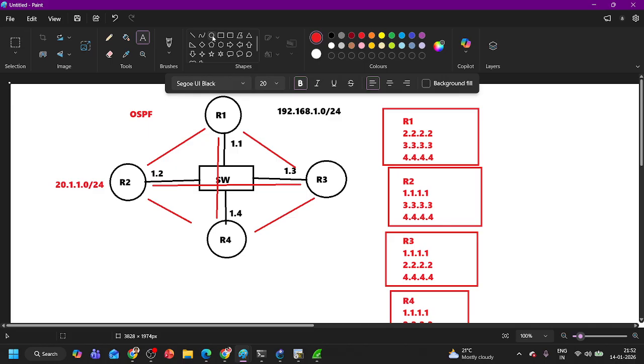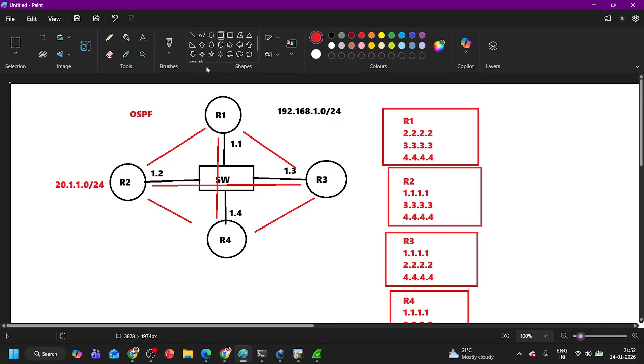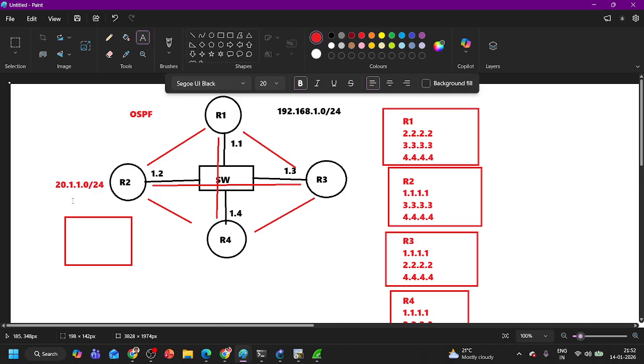Let's say this is the database of R2, and the R2 database has sequence number 10. Now you have added a new prefix on router number 2, so router number 2 is going to update its database with sequence number 11, and it will advertise the updated database to router number 1, router 3 and router 4.